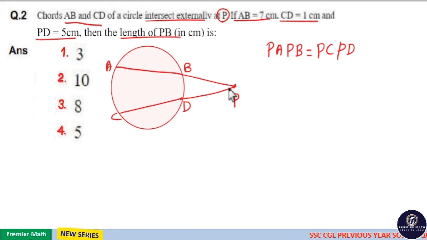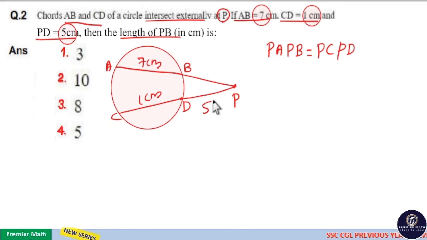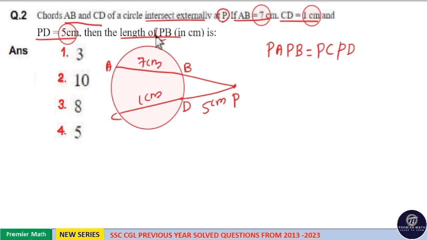Length of segment means PA and PB, which is equal to PC and PD. Now here, AB equal to 7 cm and CD equal to 1 cm. PD equal to 5 cm. Now we have to find the length of PB.